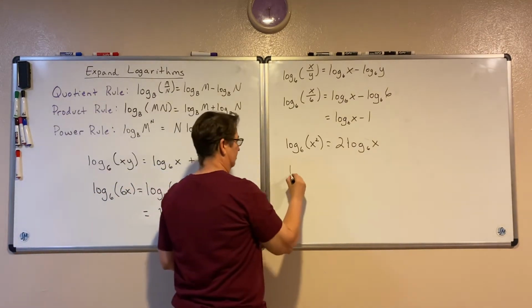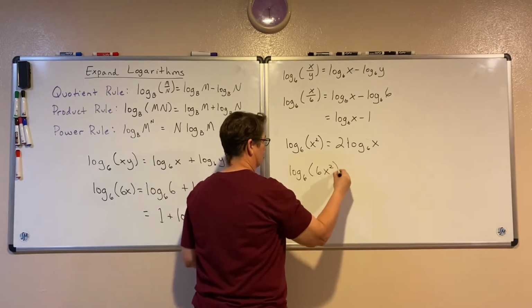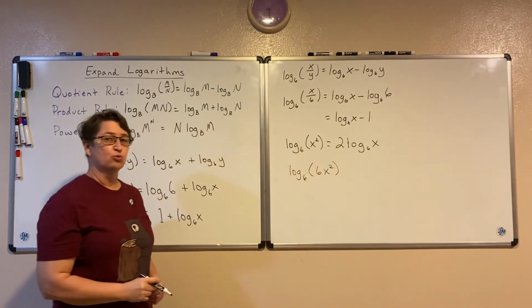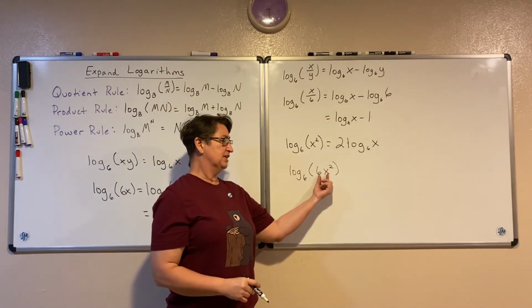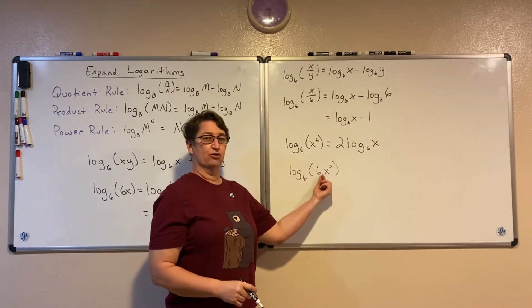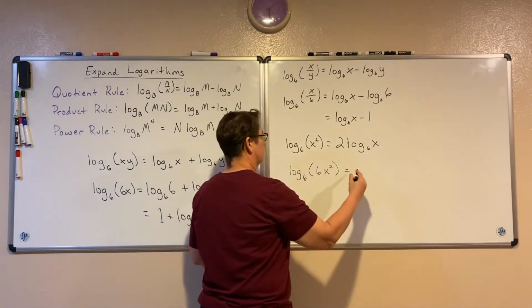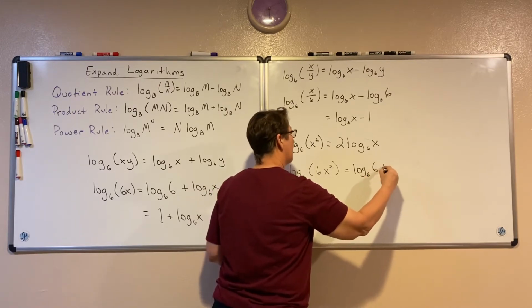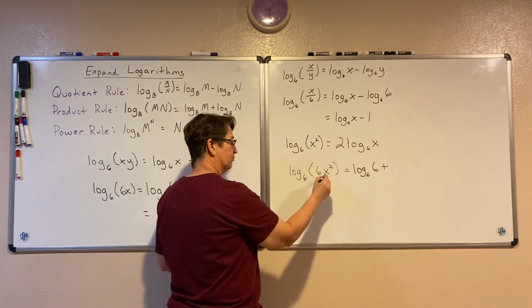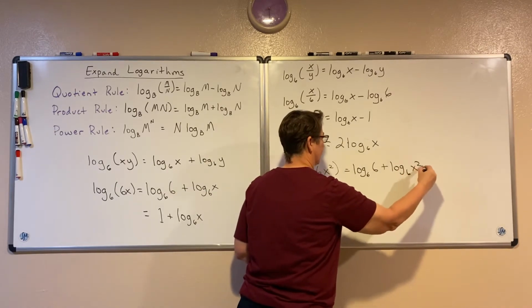Here I have log base 6 of 6x squared. I'm going to use two rules on this one. The first one I see is a product. These two things are multiplying together. So I'm going to use my product rule, so that I have log base 6 of 6 plus, the first one plus the second one, log base 6 of x squared.